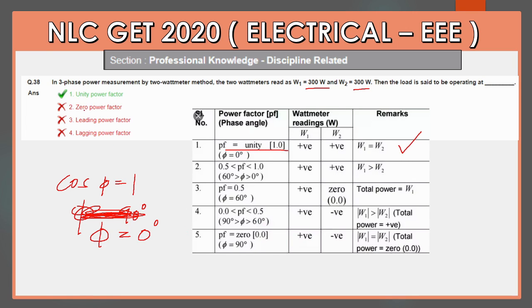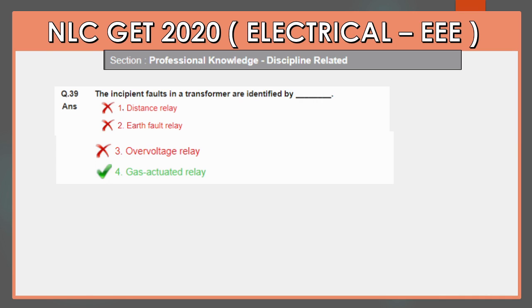So the answer will be unity power factor, first option. Next question, the incipient faults in a transformer are identified by dash. Incipient faults means internal faults, which are identified by a gas actuated relay, or you can say Buchholz relay. So the option is the last option.